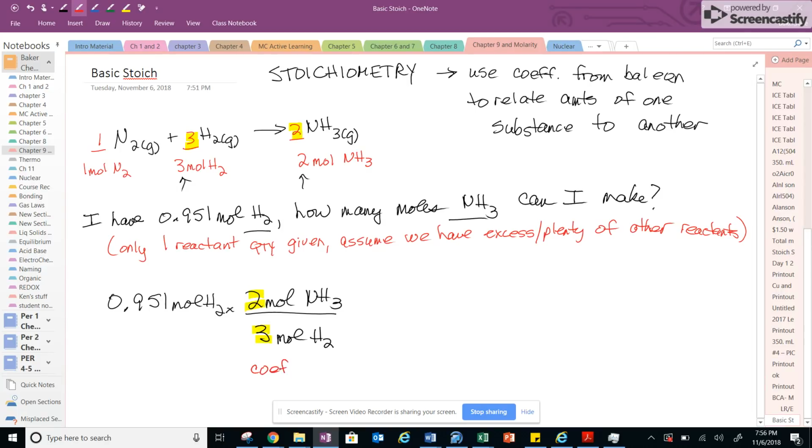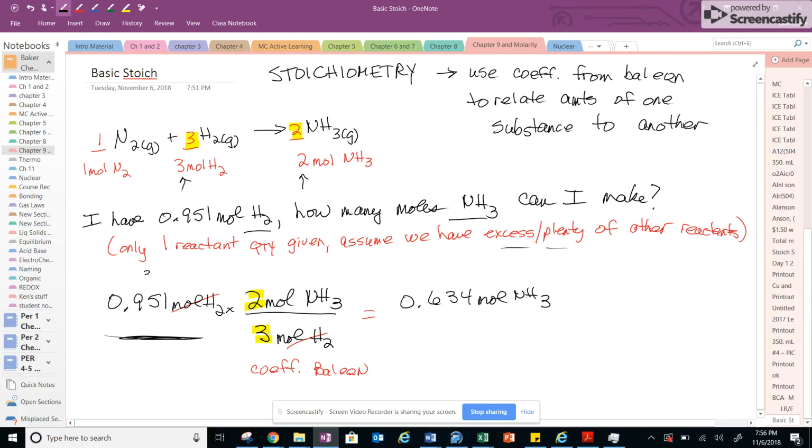Again, we use the coefficients from the balanced equation. Unit analysis, we know we cross our units out. And so when I do this, this tells me that I will be making 0.634 moles of ammonia if I react all of the hydrogen and I have excess of the nitrogen available.